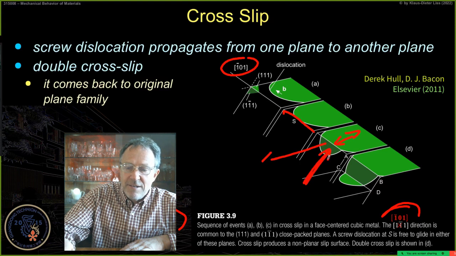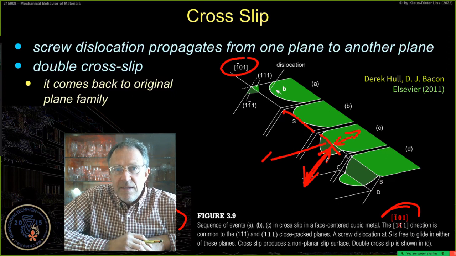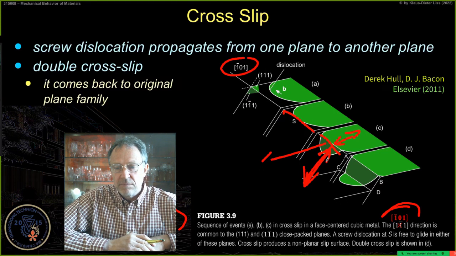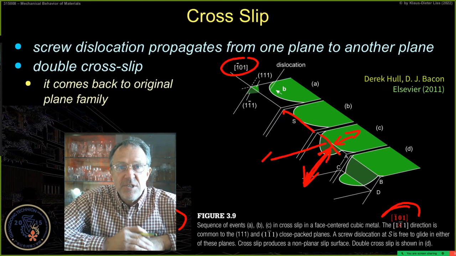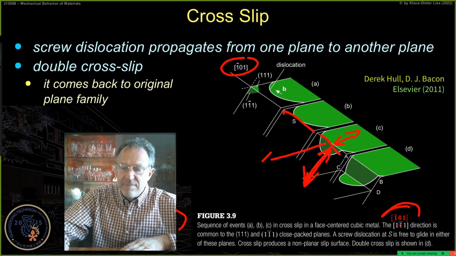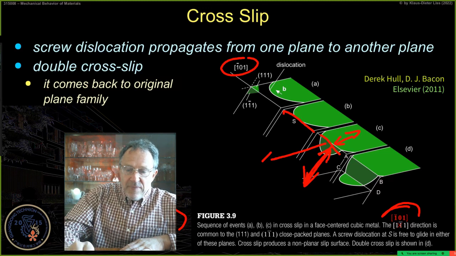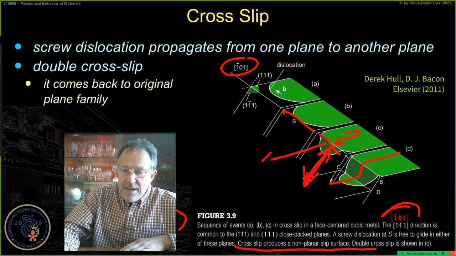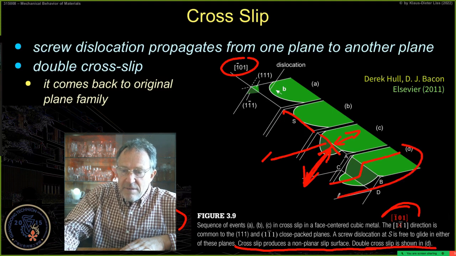If the larger shear stress at this location goes on the other plane, then it goes on this inclined plane. So it's the resolved shear stress. And what the resolved shear stress is, we come to that also later today. And the cross slip produces a non-planar slip surface. So you see the slip surface is non-planar. And there's double cross slip shown in the figure D here.